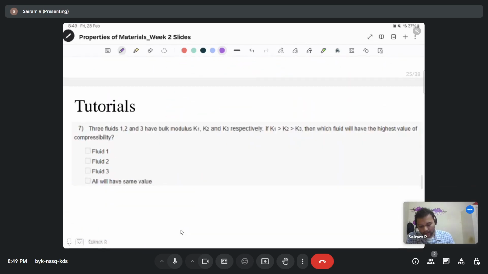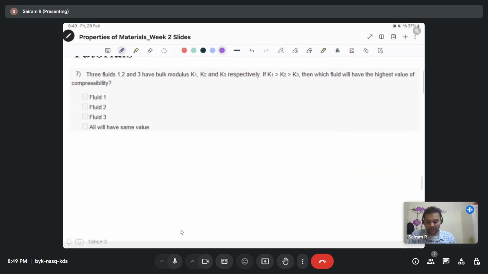Okay. Moving on to the next question. Three fluids 1, 2, and 3 have bulk modulus K1, K2, and K3 respectively. If K1 is greater than K2, which is greater than K3, then which fluid will have the highest value of compressibility?